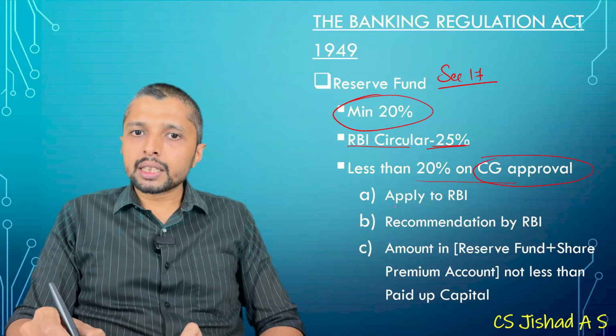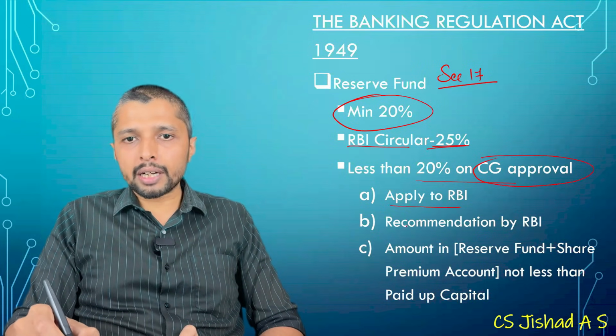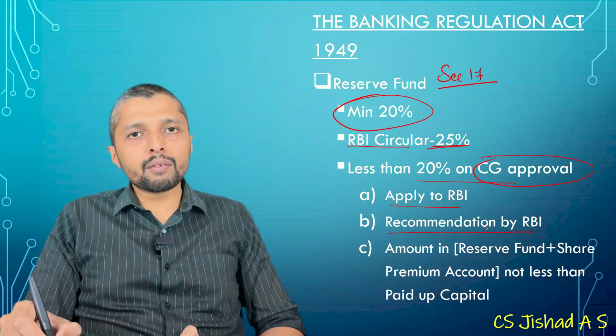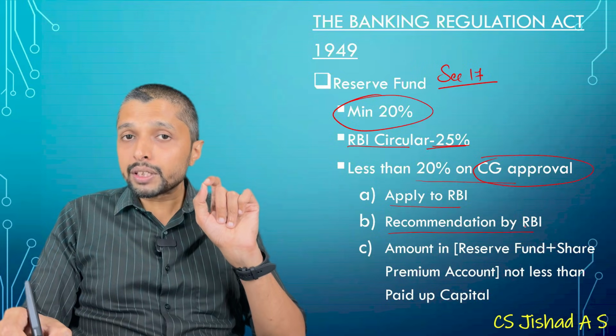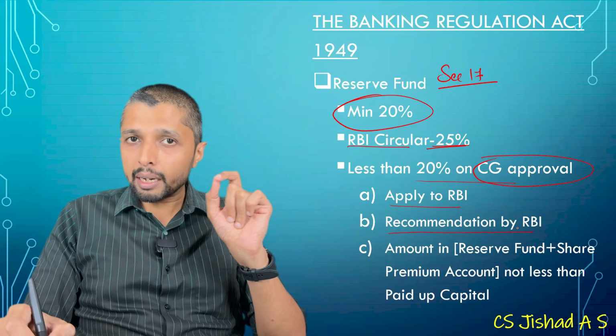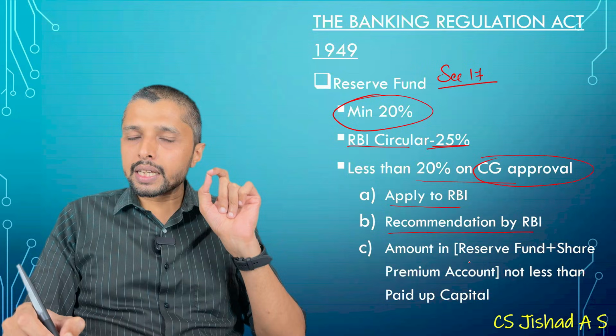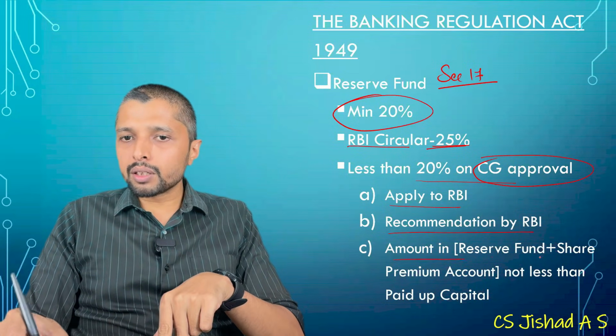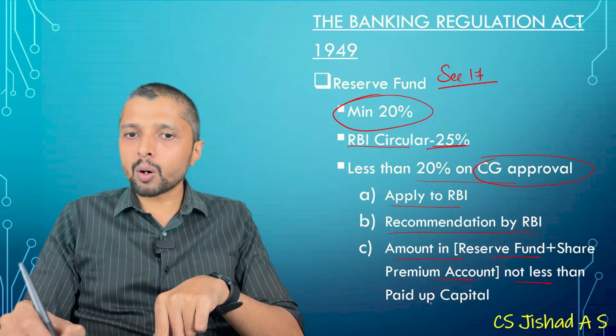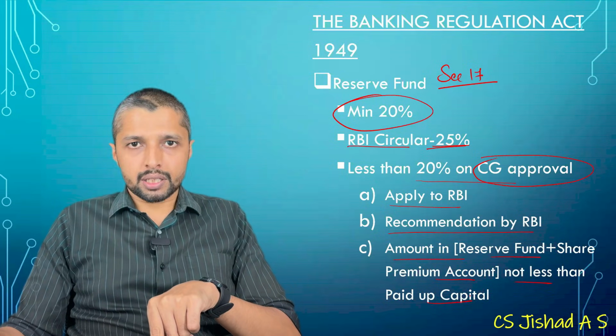The process is, the bank will have to apply to Reserve Bank of India, and Reserve Bank of India will apply to central government. Central government will be approving only if the amount in reserve fund plus share premium account is not less than the paid up capital.